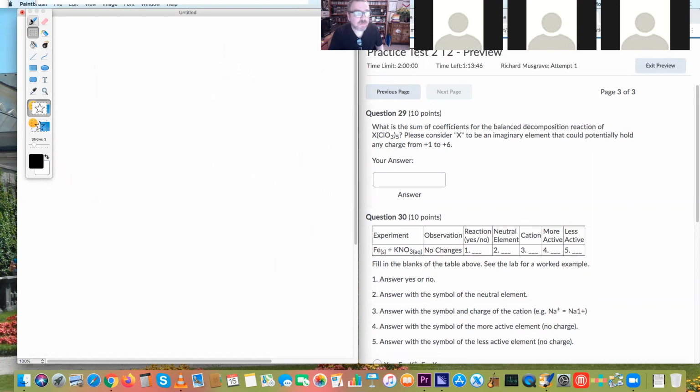Let's have a look. So for a question like this, number 29, the X here is an imaginary element. It's something that doesn't exist, but it could hold any charge from 1 to 6. Now, the nature of this reaction, either the ClO3, there might even be ClO4s as well.